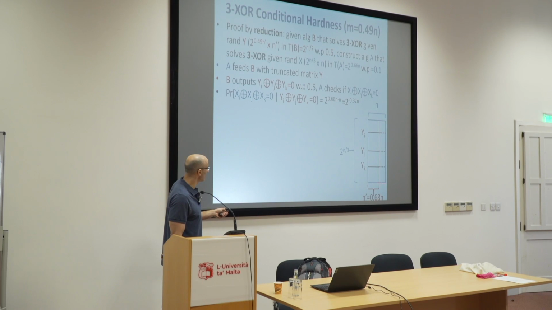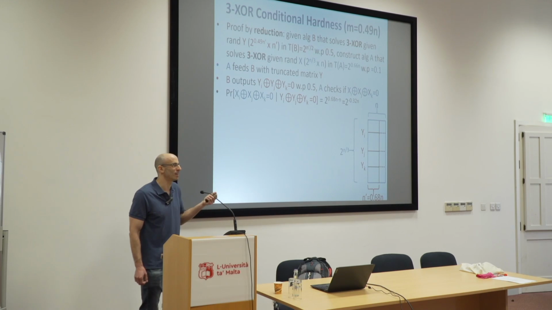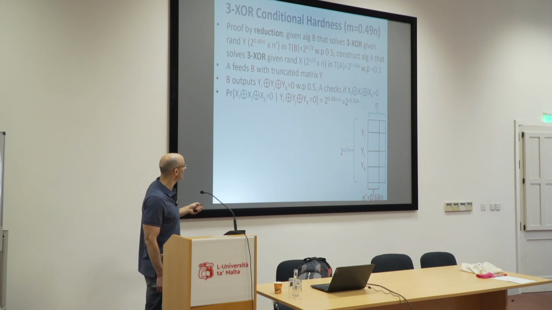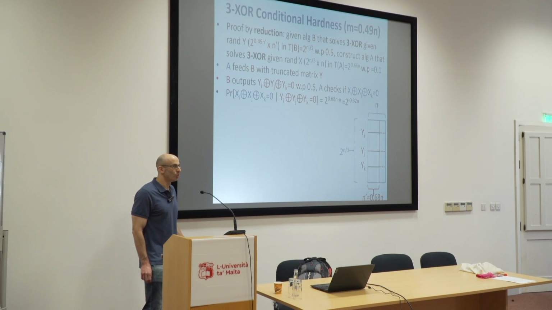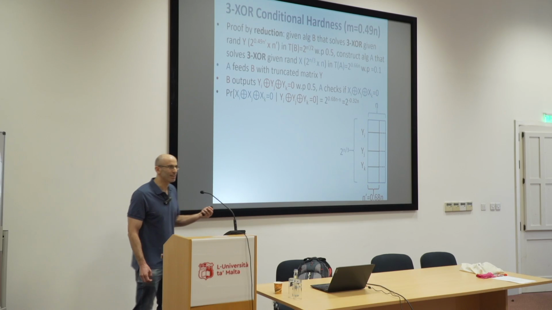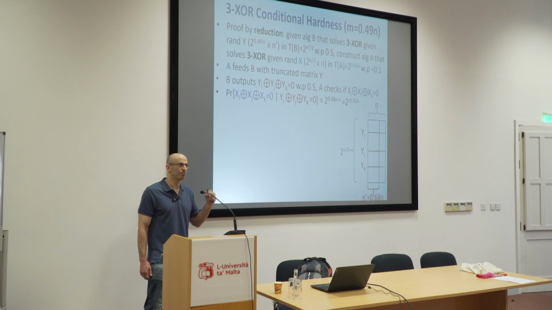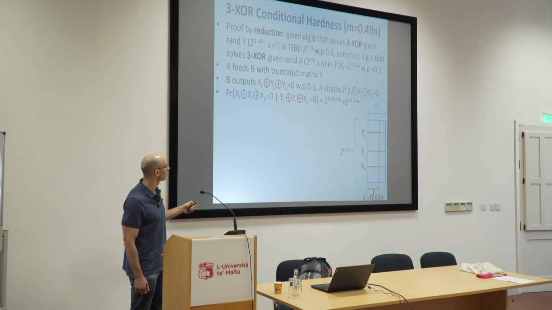It's just the remainder here, what's remaining here. So it's basically 2 to the minus 0.32n. So the probability that one execution of B will get a 3 XOR solution is 2 to the minus 0.32n.